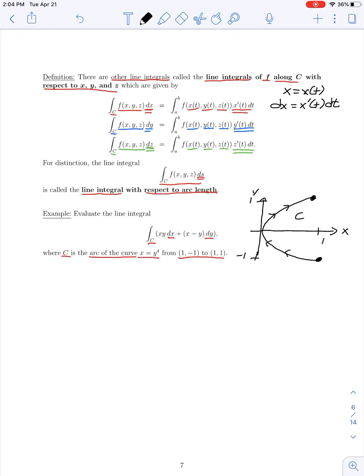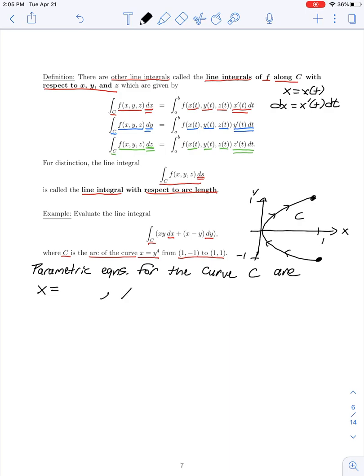Now, if we want to evaluate this line integral, we know that we need parametric equations for our curve. So here for a plane curve, I need x of t and y of t. So let's start by finding these parametric equations for the curve C. So here they would be given by, well, x was defined as y to the 4th.